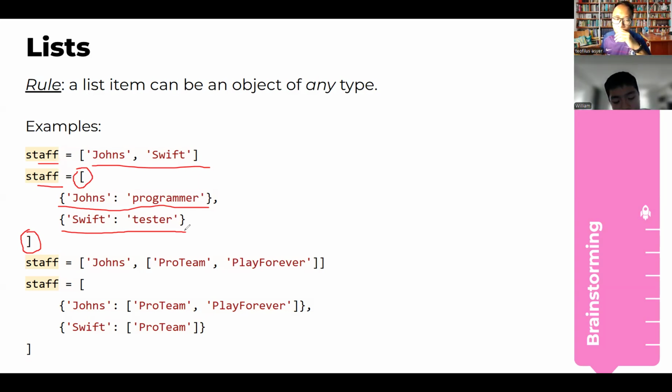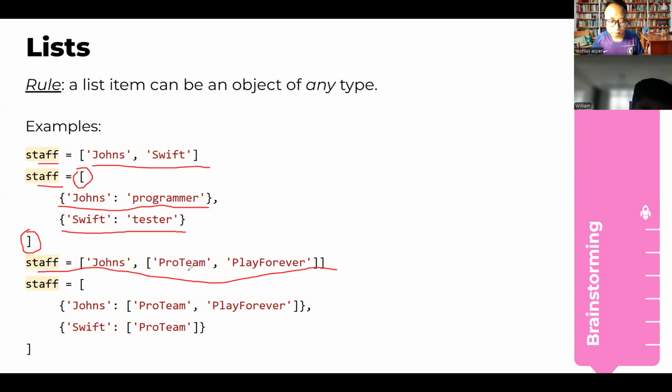Okay, let's see another example. How about this? Do you see a list inside the list? Yeah. And how about this? What is the inside and what is the outside? That's just the other way around. It's a list inside a dictionary.